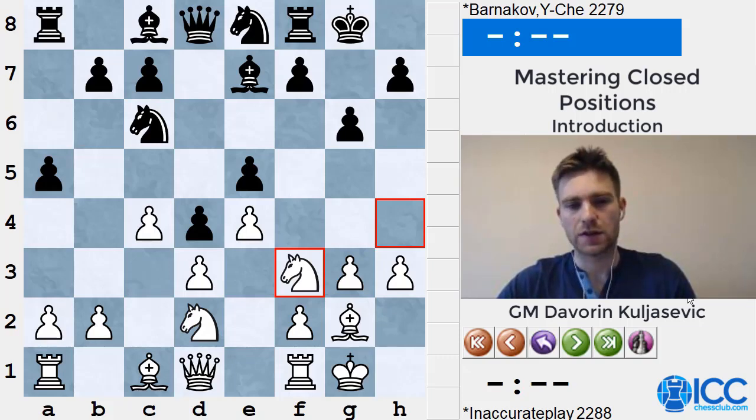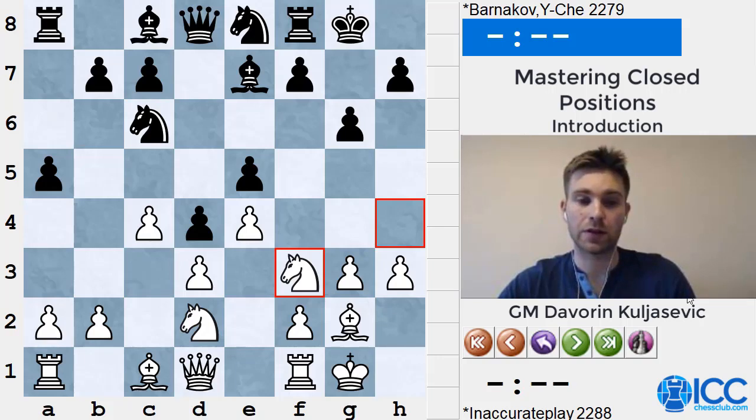But actually there is something else that's interesting. If black recognizes his mistake with knight e8, and he realizes that this knight doesn't belong there or on d6, he may fix the mistake by rerouting the knight to c5 anyway. And now again we have to use a little bit of schematic thinking.